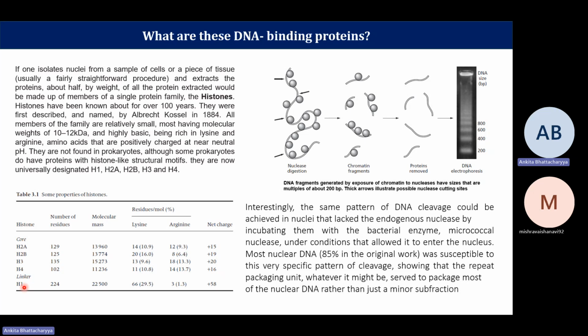Linker histone, on the other hand, is much larger, around 224 amino acids, and the percentage of lysine there is extremely high, around 30%, or one third of the protein is made up of lysine itself, which has a functional role to play, which we'll come to later on. But that is pretty much what happens for histones.